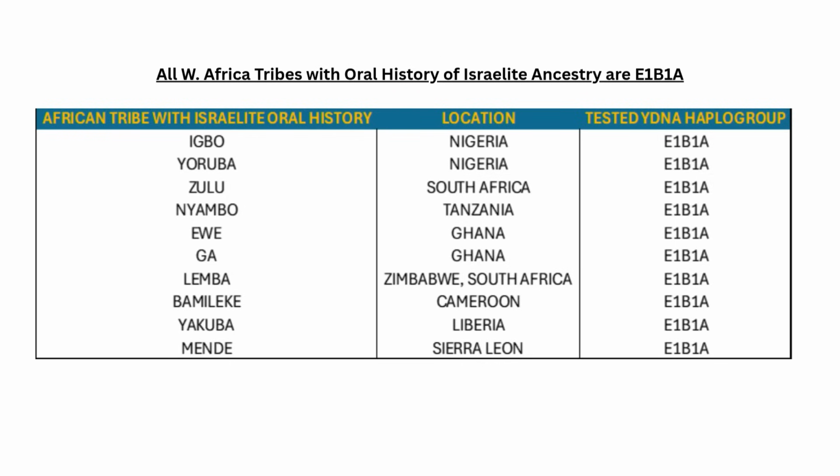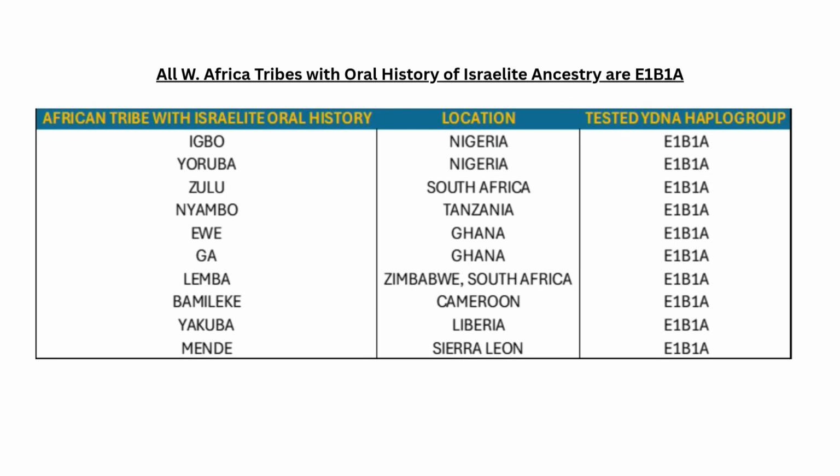There's no room for any variation of that. Just scientifically speaking, it has to align. And what I'm showing here is that there's perfect alignment with all of these groups, their oral history, and the Y-DNA haplogroup that is common within the paternal line.